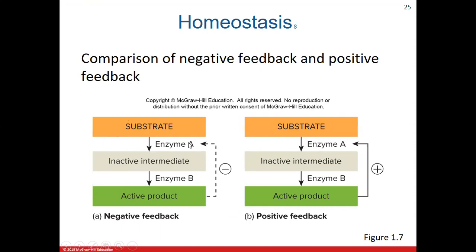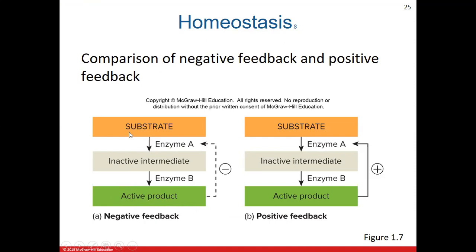You start out with a particular enzyme, and that makes an intermediate chemical here, and you've got another enzyme here. And then when you make enough of the active product, it will actually cause a negative feedback to slow down enzyme A, to slow down this pathway.